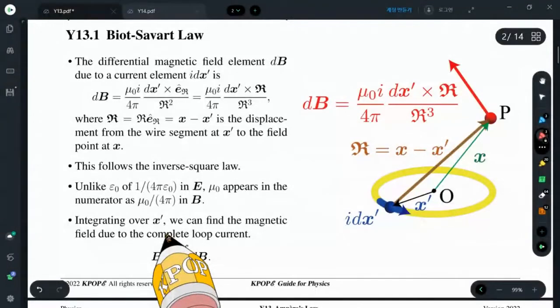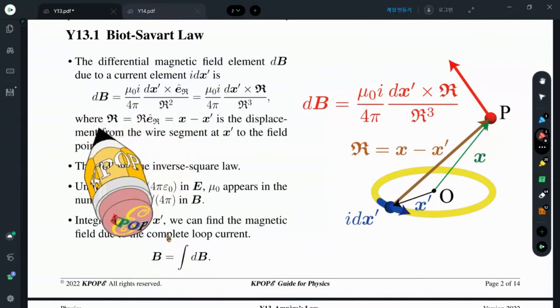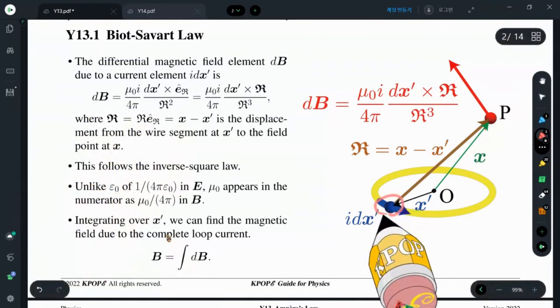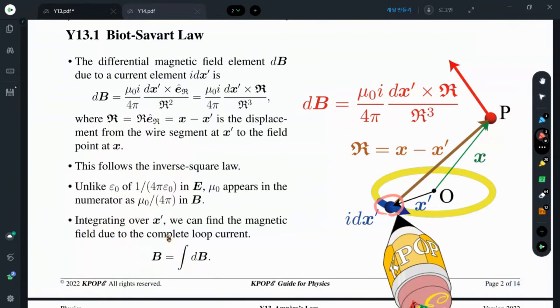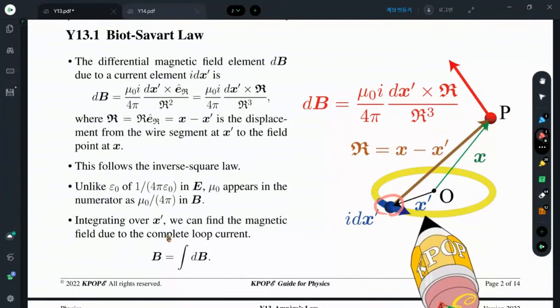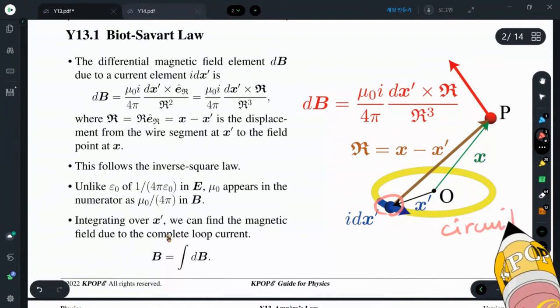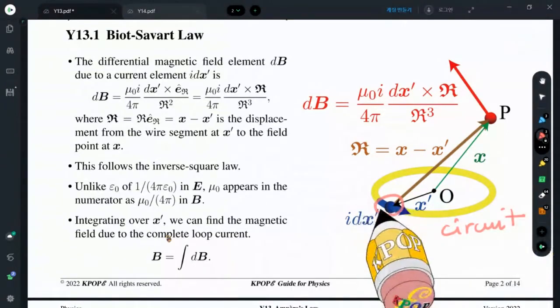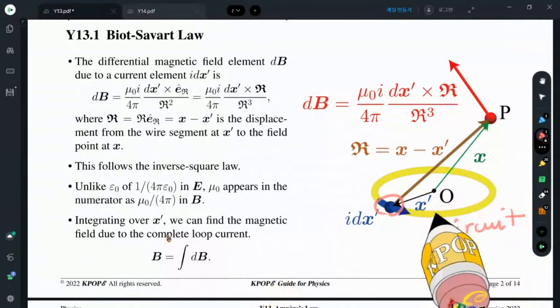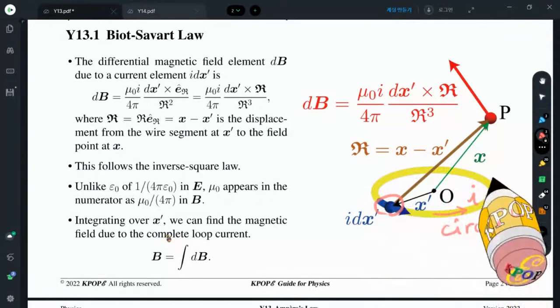The Biot-Savart law is the basic law to derive the magnetic field. It is a sum of the components induced by small wire segments that construct a circuit. We have chosen a simple circular circuit, and we have a current I flowing inside the circuit.